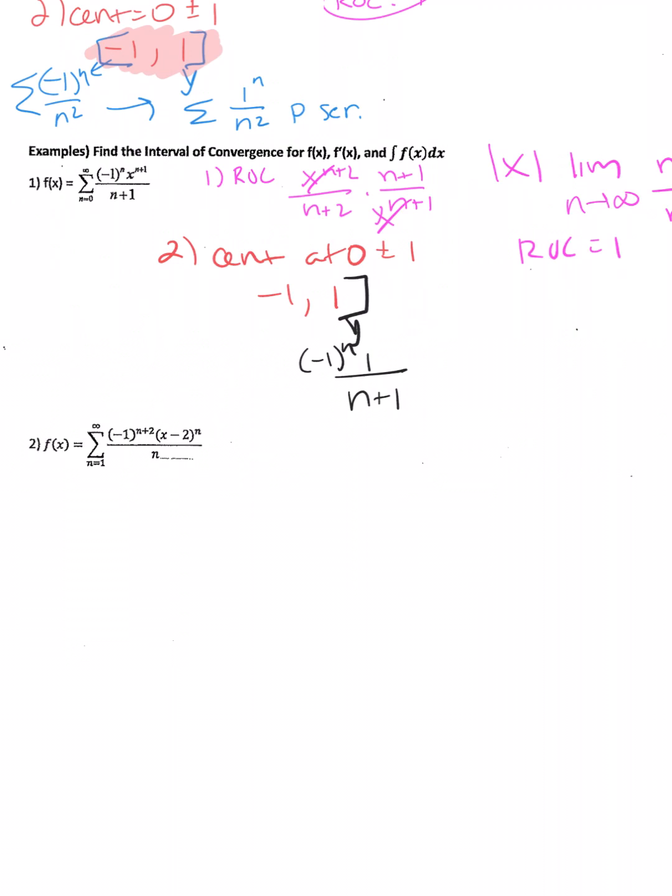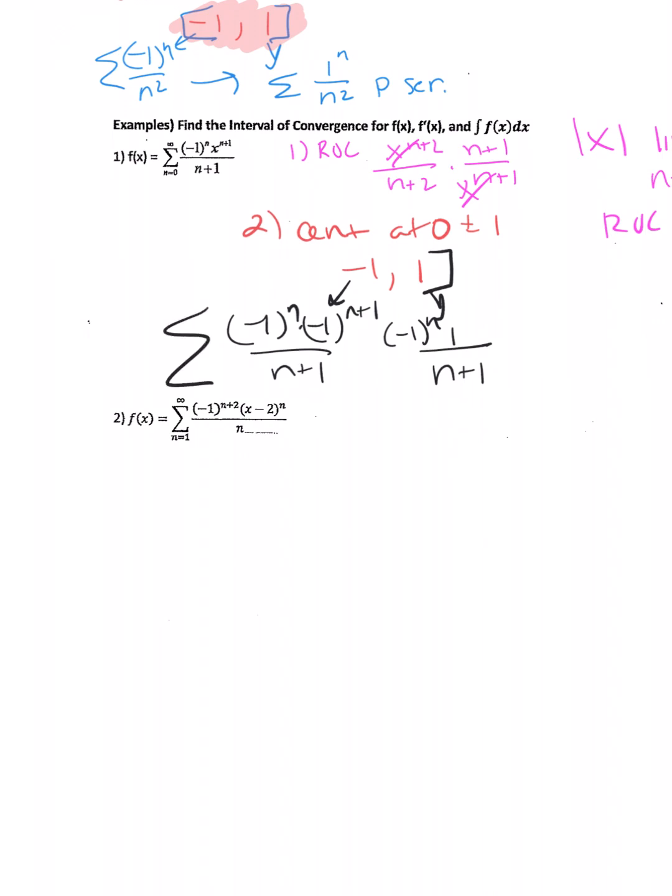When we plug in negative 1, we're going to end up with negative 1 to the n times negative 1 to the n plus 1, which is going to then be all over n plus 1. And that's going to give us negative 1 times negative 1, which is negative 1 to the 2n, which is going to give us positive 1.